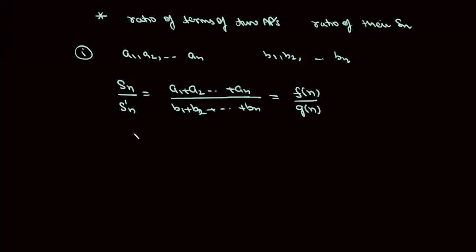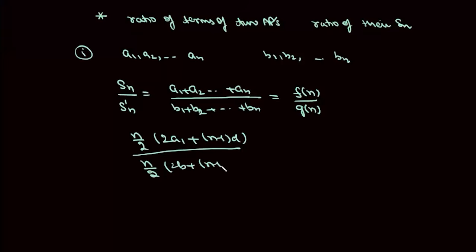Now we know that the sum of n terms is given by n by 2 times (twice a1 plus (n minus 1) into d), and here it will be given by n by 2 times (twice b1 plus (n minus 1) into d dash), and this is f(n) by g(n). Now this n by 2 will cancel. We will divide everything by 2.